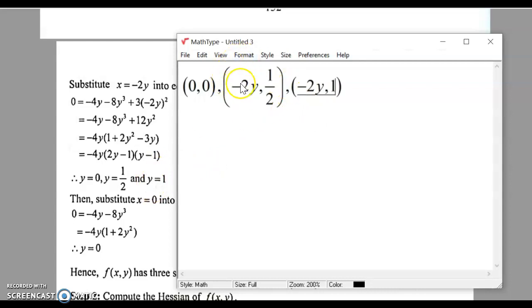When you input x equal to negative 2y, this is what you get, 1/2 and 1. You also get 0, but 0 is equal to this one, so it overlaps, we don't need to write it down.